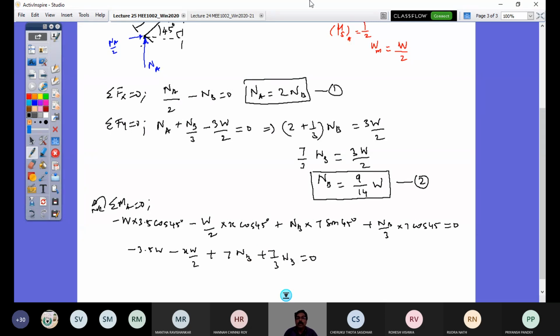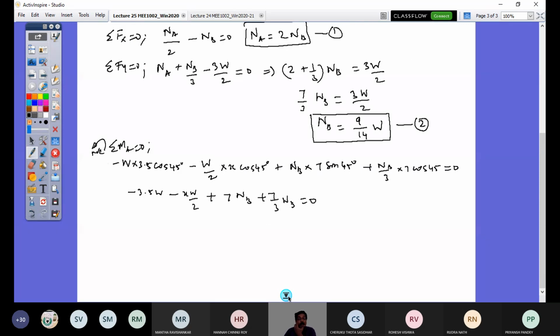So I can now get NB in terms of W, right? So what is my NB? So NB here is 7 plus 7 by 3, that's equal to, W if I take out, 3.5 plus x by 2 into W. So this is going to be 28 by 3.